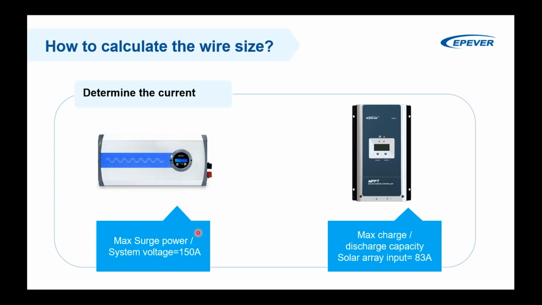So if I divide 150 by 3, I will get 50, and this is the thickness of the cable in square millimeters.